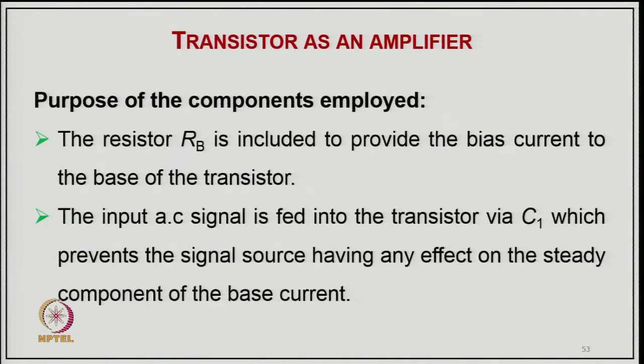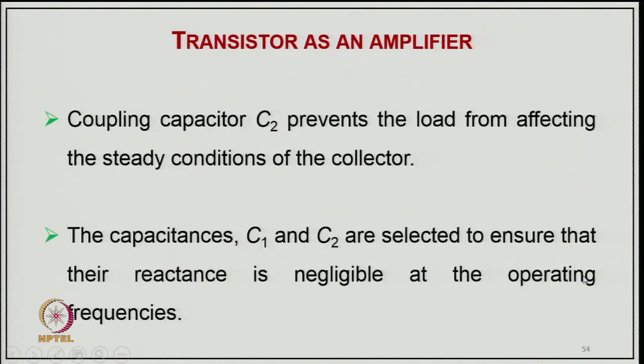So, for the purpose of the components applied here, the resistor RB is included to provide the bias current to the base of the transistor, and the input AC signal is fed into the transistor via C1, which prevents the signal source from having any effect on the steady or DC component of the base current. The coupling capacitor C2 prevents the load from affecting the steady condition of the collector current.